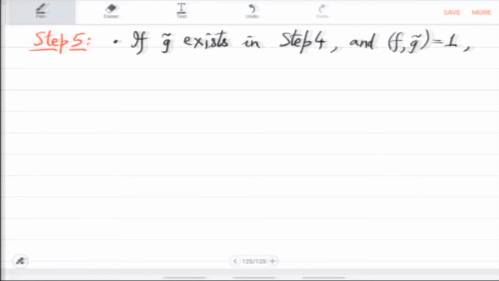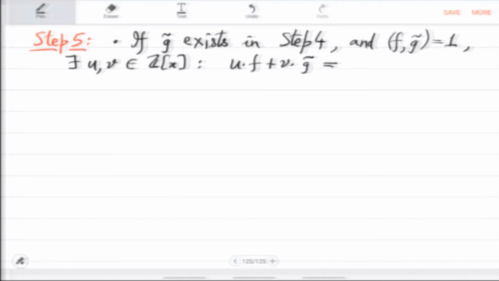So they being co-prime means that there exists, by the extended Euclid GCD algorithm, U and V such that UF plus VG tilde is equal to, so notice that I am asking for U and V to be integral polynomials, right.